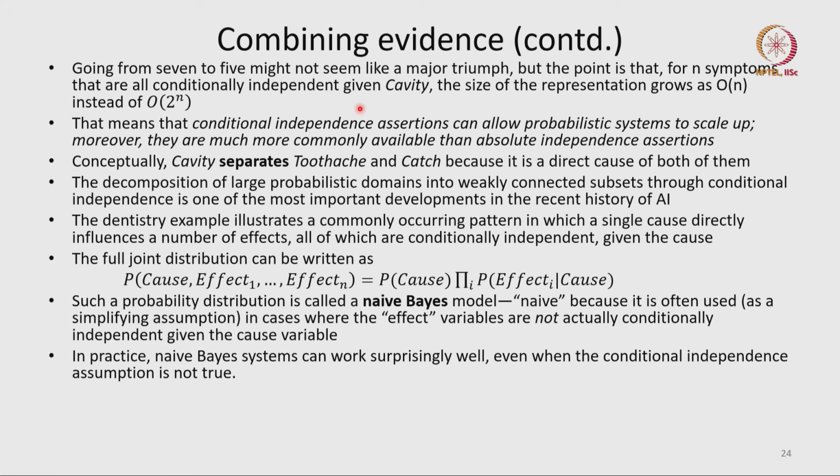When n is quite large, the size of the representation grows as order of n as n increases, and not order of 2 to the power of n. So it makes a difference. Conditional independence assertions can allow probabilistic systems to scale up, in the sense that you can work with more variables.